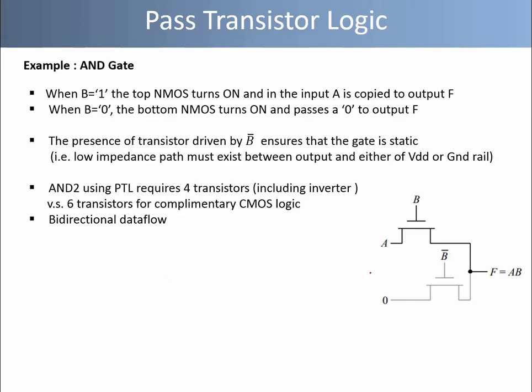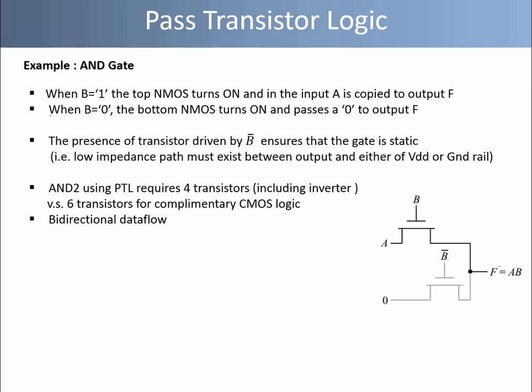So let's see how this circuit works. When input B is a logic 1, the top NMOS transistor turns on and the input A is passed to the output node F. So F is equal to A when B is equal to 1, and in Boolean it is written as F equal to AB.